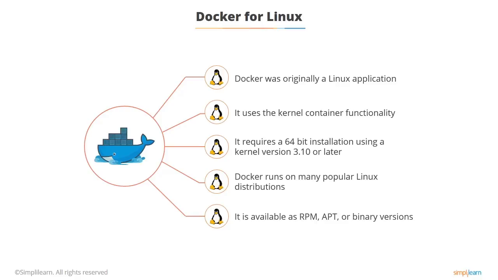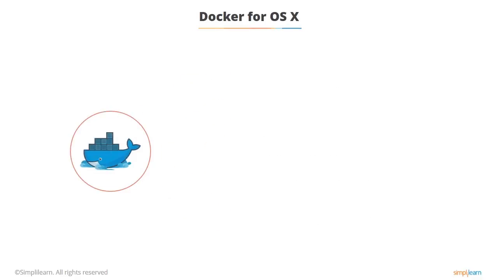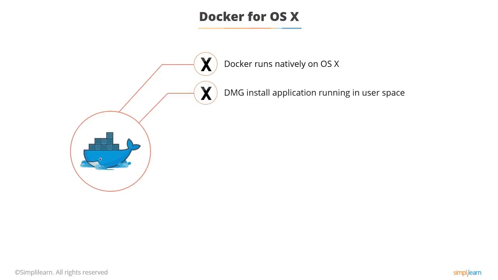Docker for OS X came out fairly recently, earlier this year. It now runs natively on OS X, which is good. You just get a DMG package, which you just install. It's built on a hypervisor technology.